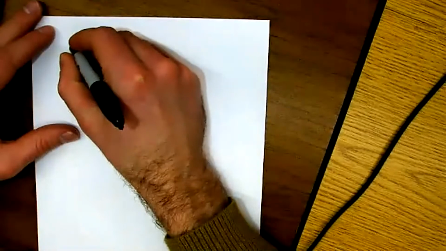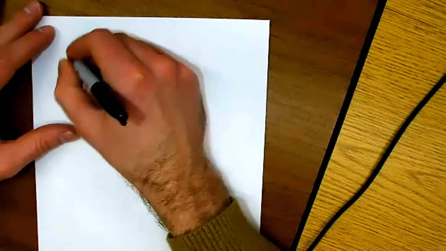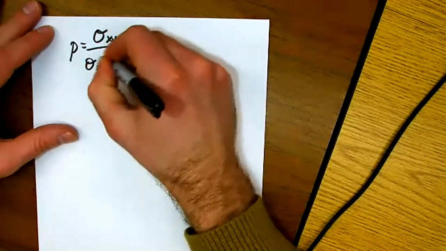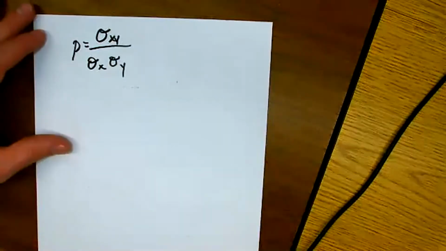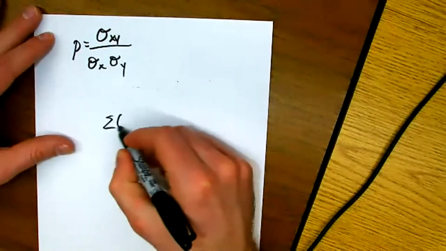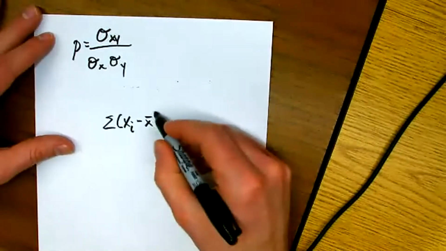So we started out with my correlation coefficient being my covariance, and then divided by the standard deviation of each variable. I can write in the equations for these things. So the covariance equation looked like this.